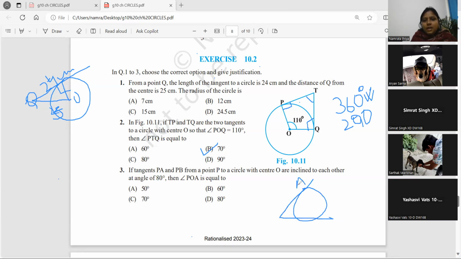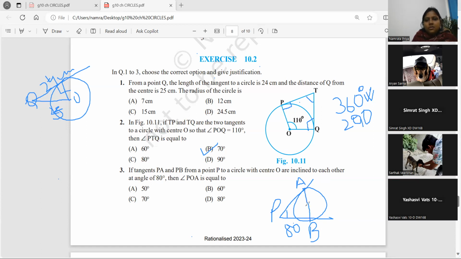So this is A and this is B. Now this is P and they are inclined to each other at 80 degree. ठीक है? So this is 80 degree and then POA where O is the center of the circle.